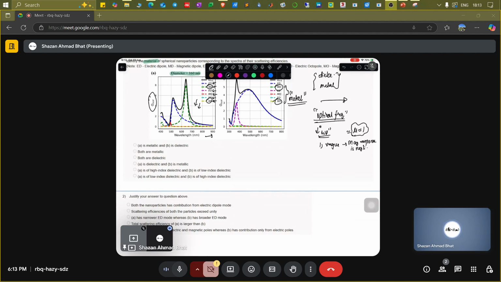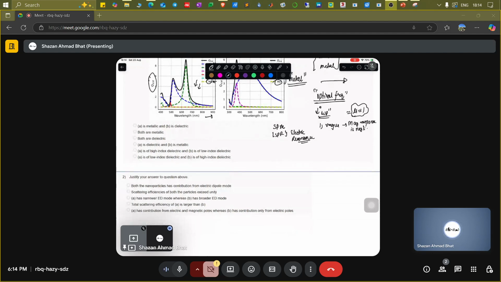But what is going to happen? It can support the electric resonances, just like you talked about surface plasmon resonances, LSPRs. Those are electrical resonances in the metals. But for the magnetic resonances to occur, it would require induced circulating currents that can couple. Let's say this is a nanoparticle, then there should be some induced circulating currents that can couple to the magnetic component of the electromagnetic wave.